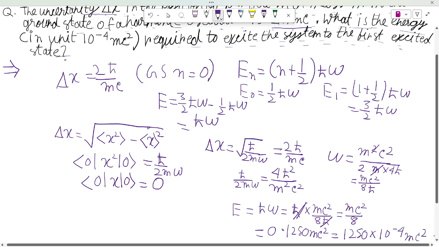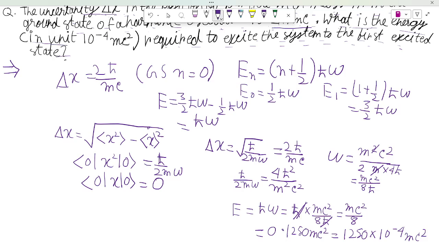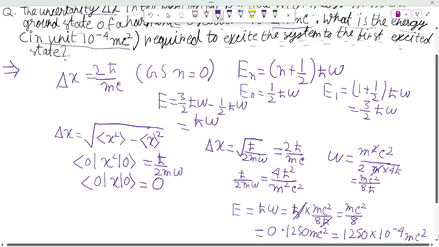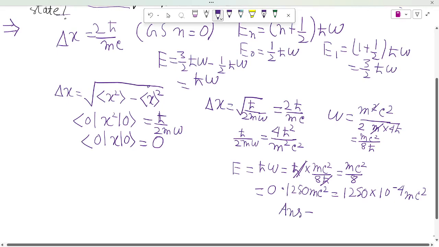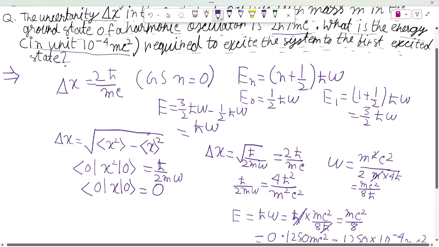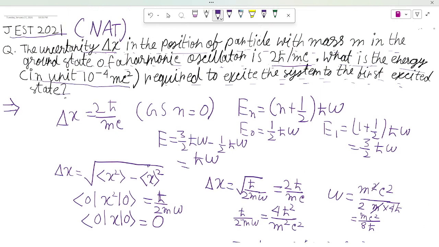The unit in the question is 10 to the power minus 4 mc square, so the answer is 1250. This is the answer of this question which was asked at JEST 2021. Hope you understand the solution.